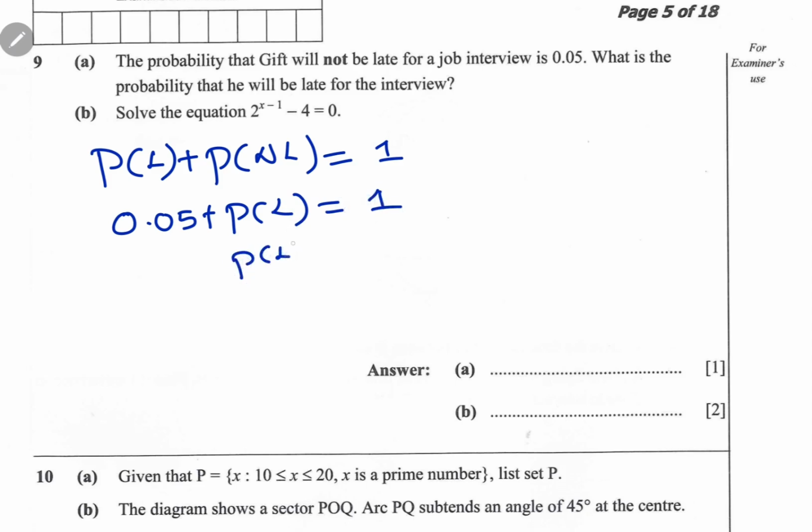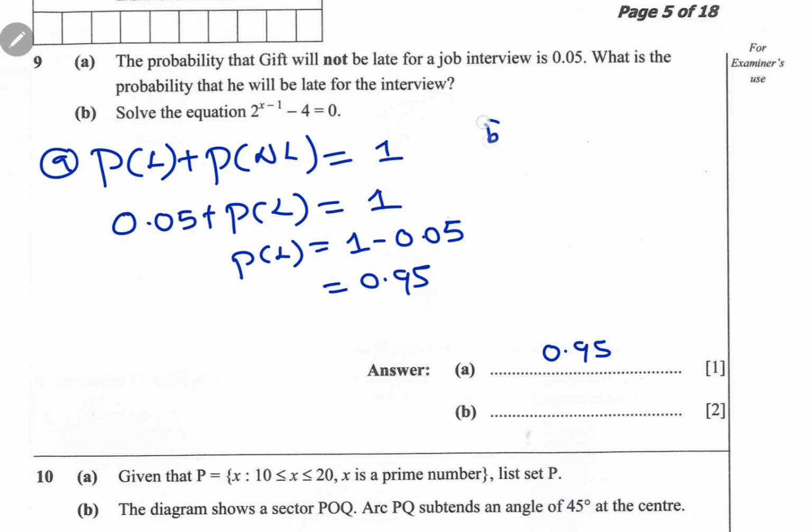So probability of late is equals to 1 minus 0.05, and this is going to give us 0.95. So the first question here is 0.95. Confirm. That is the A.